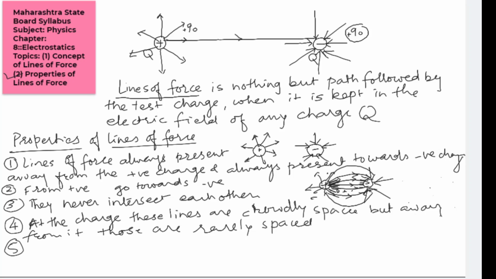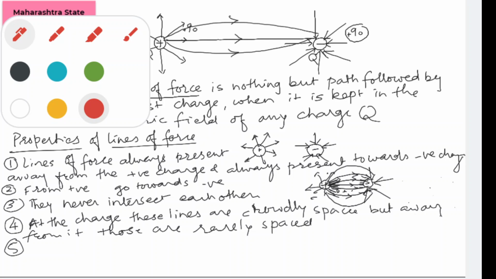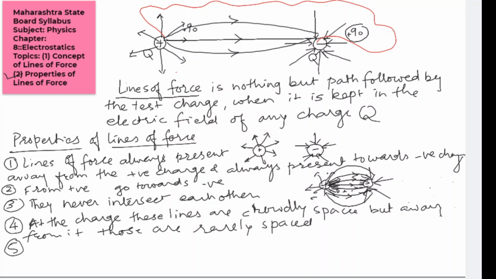Now let us consider some line is going here and reaching. If one line doesn't want to go here like this, it could go like this, somewhere here. But it is not happening in this case. It is following the shortest distance.